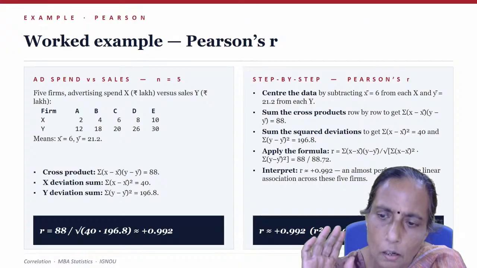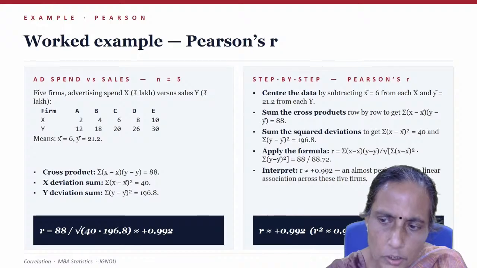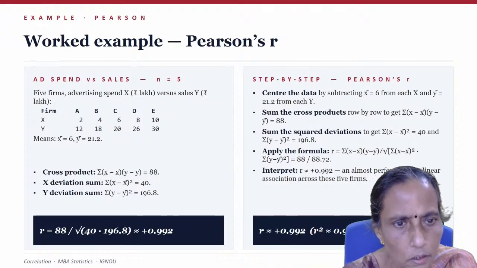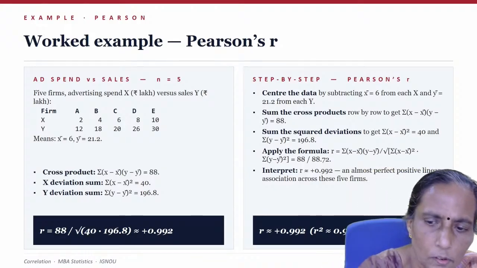That means there is almost a perfect positive linear association across these five firms.